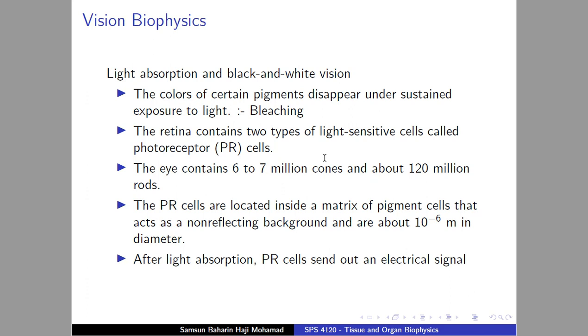The PR cells are located inside a matrix of pigment cells that act as a non-reflecting background, and are about 10 to the minus 6 meter in diameter. After light absorption, PR cells send out an electric signal to our brain.